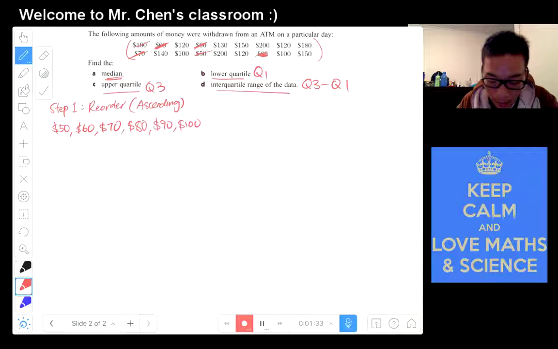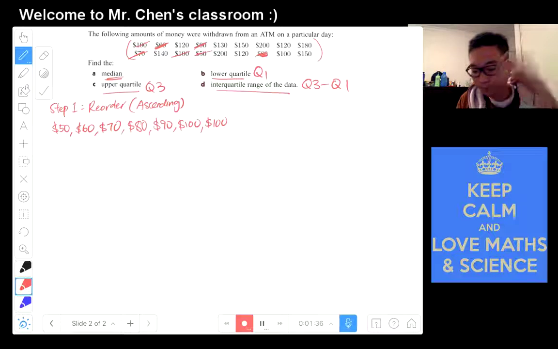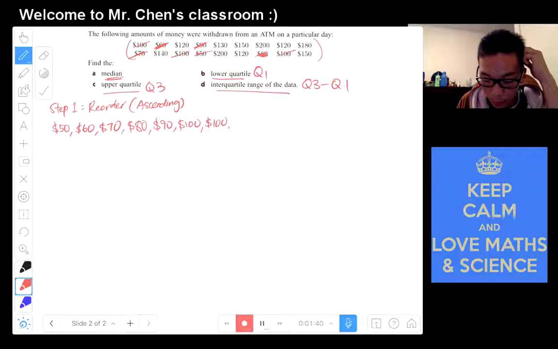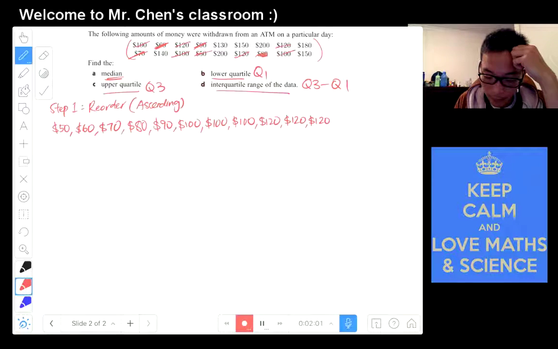There are two 100, and then after that, oh no, actually we have three $100, then followed by 120, and then followed by another 120, and then followed by another 120, then followed by 130, and then followed by 140, and then followed by 150, followed by, oh, we might not have enough space.